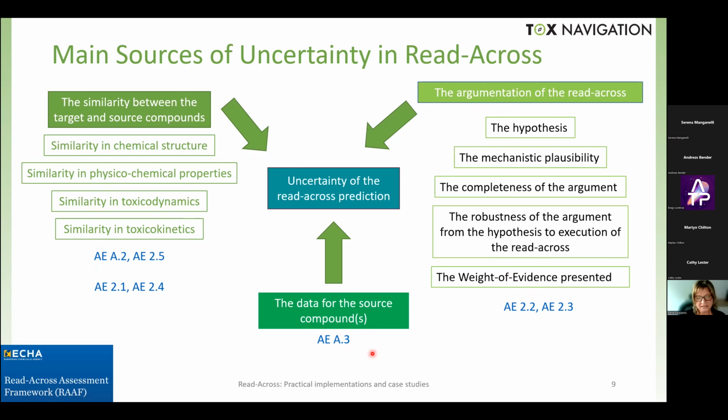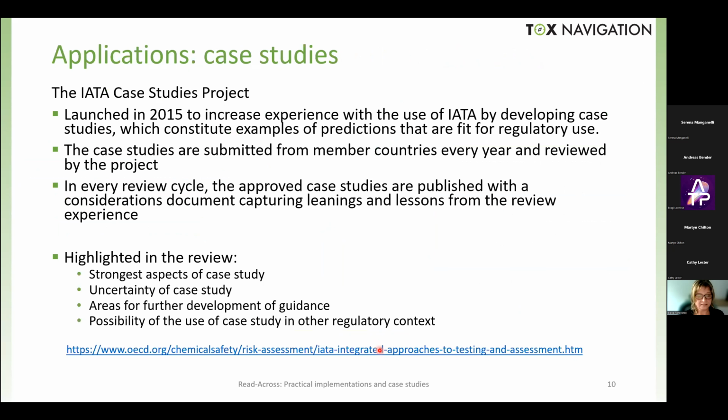And this is the assessment element that is related to the reliability of the data that you're reading across. So these two frameworks go well together and they are superimposed, they are aligned actually, even if the aims were different and even if what they are based on is slightly different.